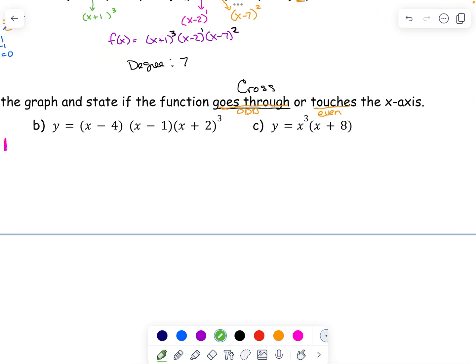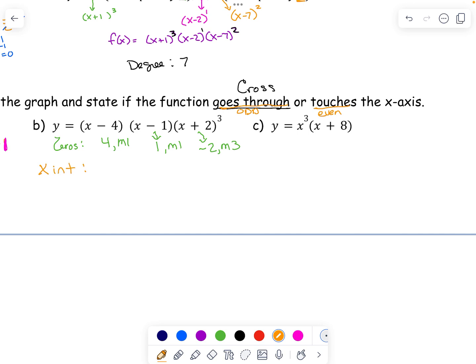All right, so let's go through this one. So our zeros are going to be 4 with multiplicity 1, and 1 with multiplicity 1, and -2 with multiplicity 3. Okay? So now we're going to talk x-intercepts.